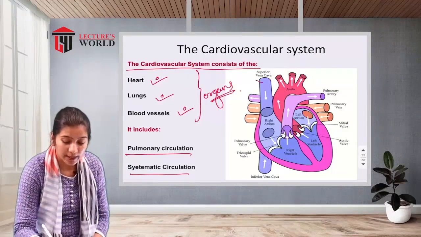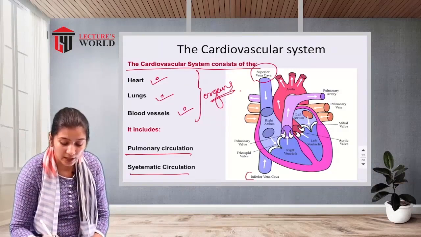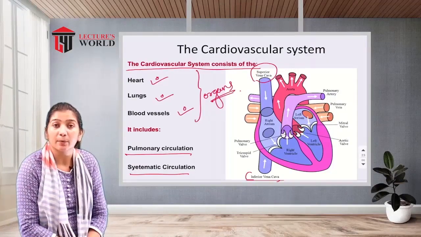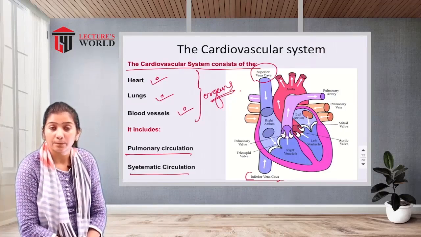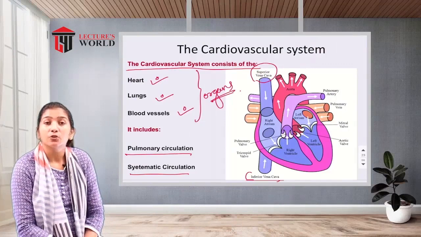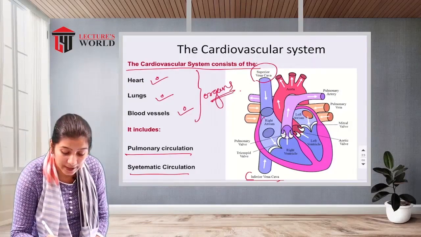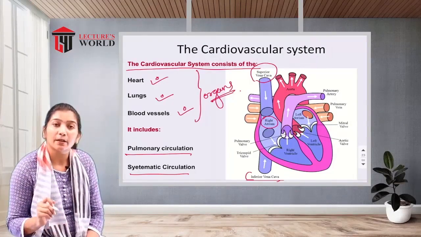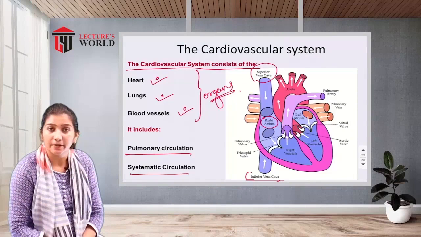The superior vena cava and the inferior vena cava collect deoxygenated blood from the body area, and that deoxygenated blood is carried to the right atrium. So all the deoxygenated blood is collected in the right atrium.